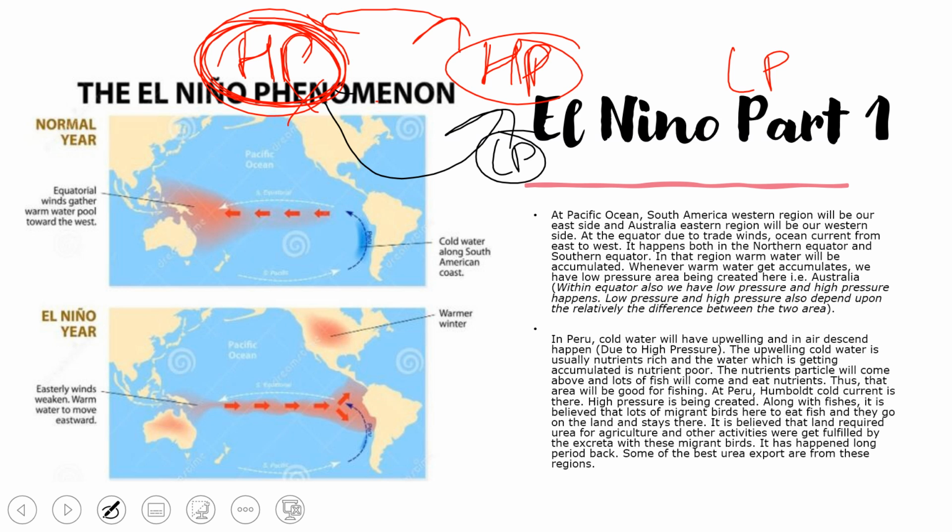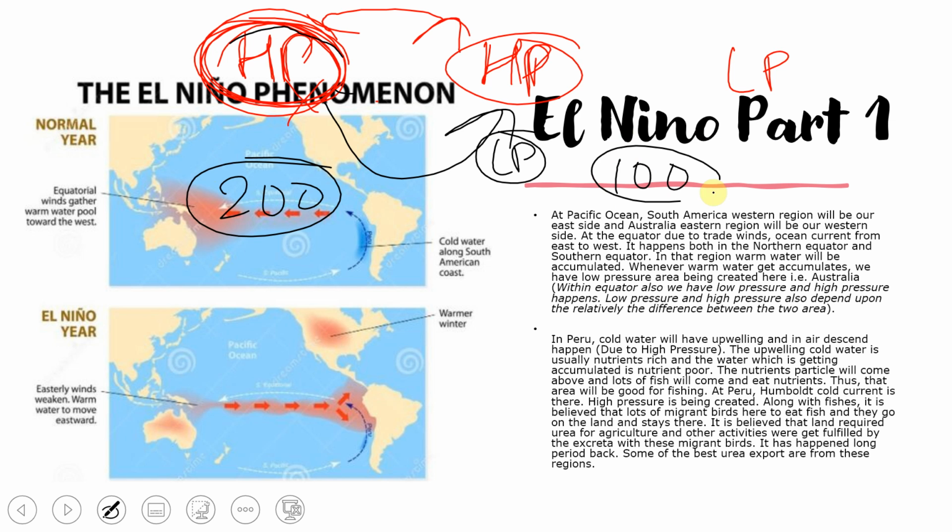Like in a normal year, let us suppose the low pressure was a unit of 100, and the high pressure was around 200. So the difference was very high in a normal year, but in an El Nino year this will become 180.